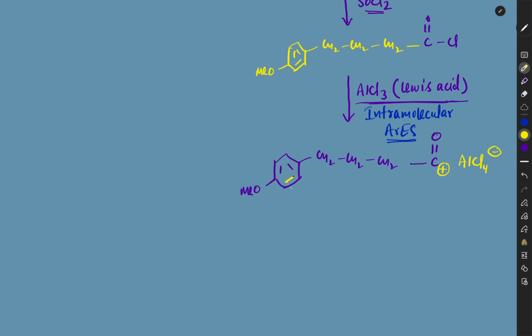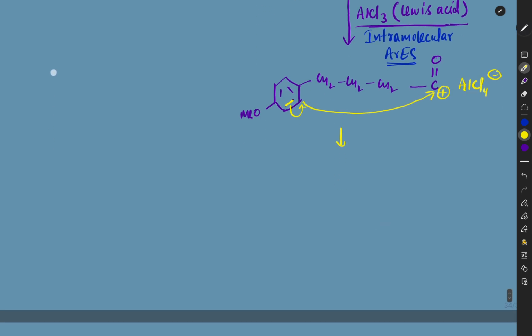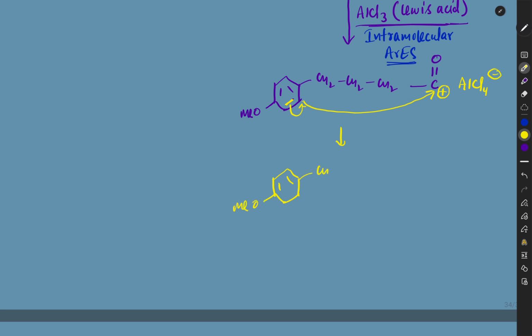So this bond will get shifted to this carbon center, and this is going to attack on this carbon. So we'll have an intermediate this way, with OMe and this CH2, and you can form a ring-like structure.